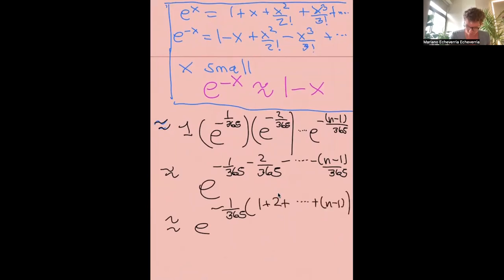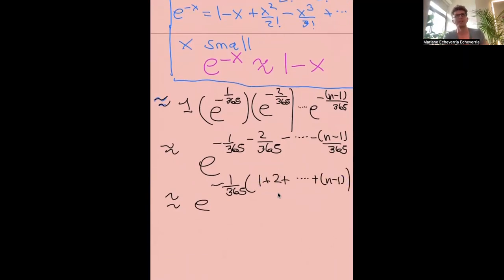There's a formula, for those of you who have seen it, for the sum of the first n minus 1 integers. This is the famous formula: the sum of the first n integers is n times n plus 1 over 2. You don't need to know this formula, I'm just saying there's a closed formula for this. So it gives you n minus 1 times n over 2.